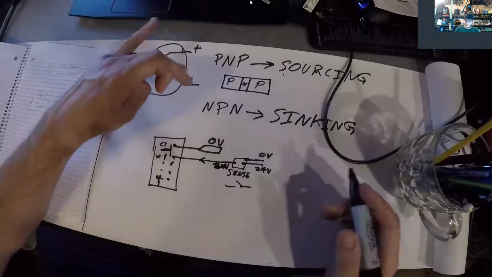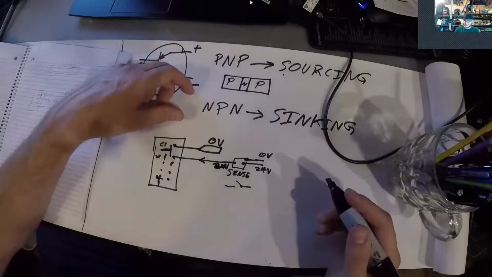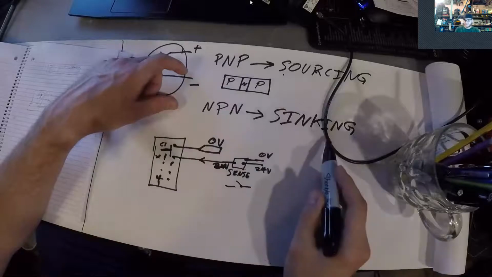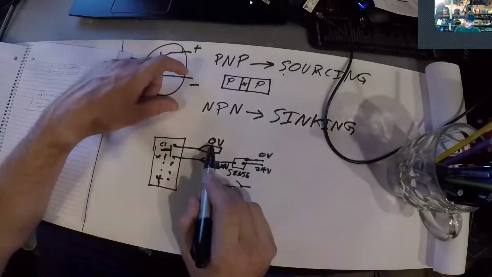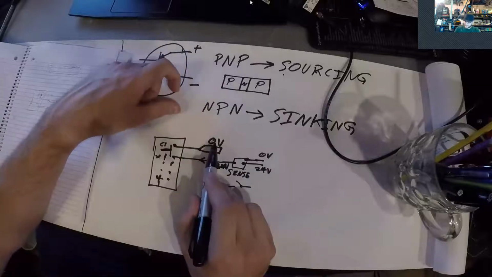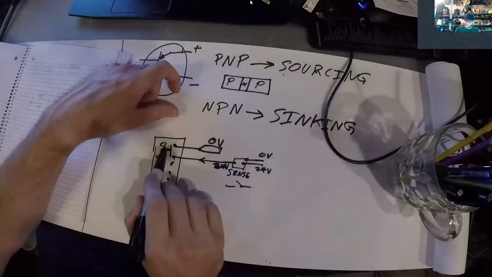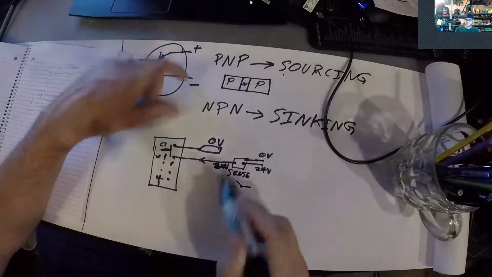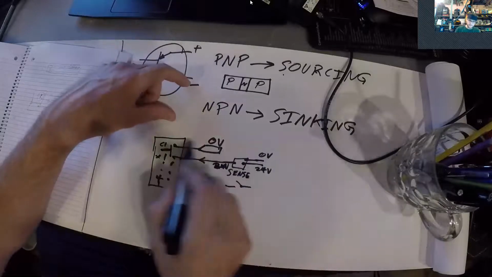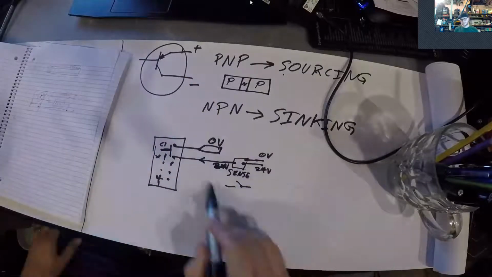So alternatively, for a sinking configuration, if you had an NPN device, a sinking device, you would be wiring 24 volts into your input card, and then your switch on the sensor side would be your sink, and so voltage would flow into the card and then through the device, through your sensor.